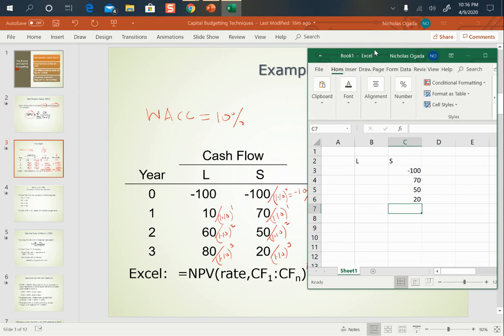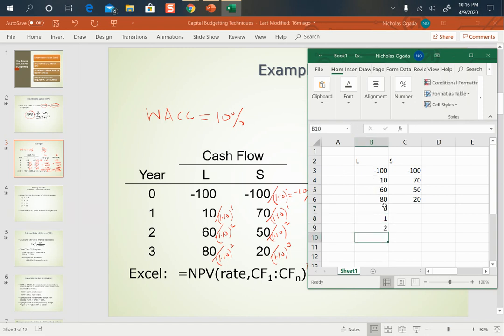For project S, you have minus 100 as the initial outflow, and then you have 70, 50, and then 20. Again, your time is at times 0, 1, 2, 3.